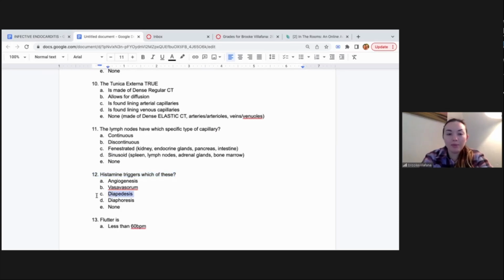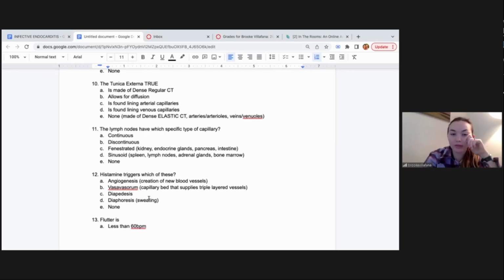Good. Diapedesis, right? We said that vasa vasorum is the capillary bed that supplies our triple layered vessels, like our arteries, arterioles, veins, venules. Angiogenesis would be the creation of new blood vessels. And then diaphoresis is sweating. So this is just something you don't cover in this class.